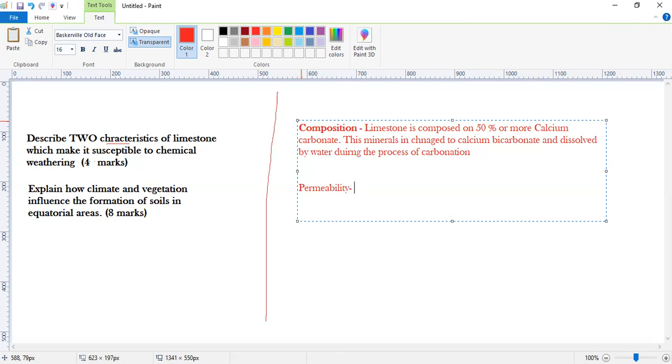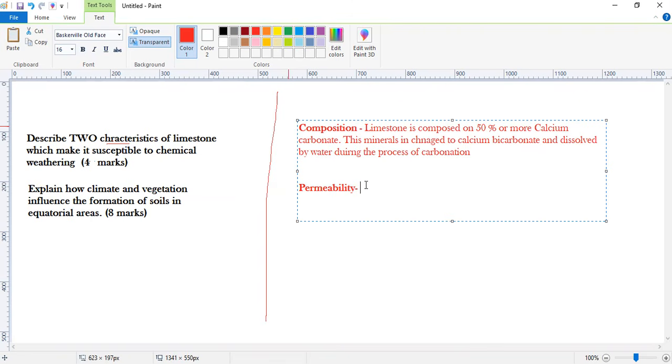Maybe if you were being given some more marks, you would need to give a definition of permeability, but at least you should know what you are talking about. Permeability is the ability of a rock to allow water to pass through.